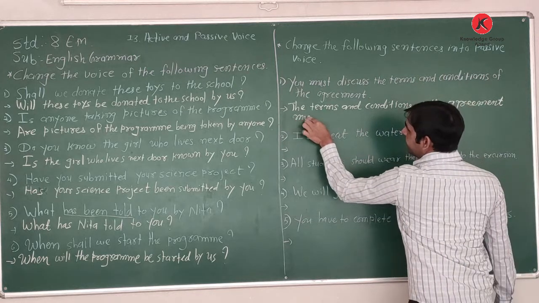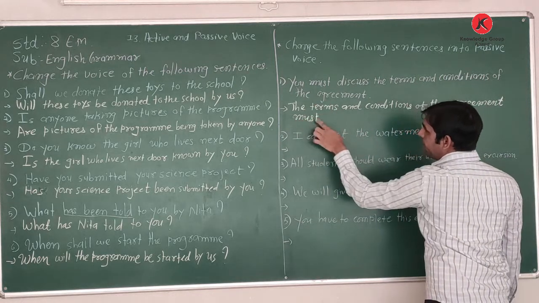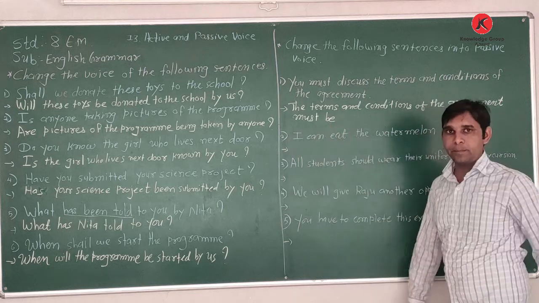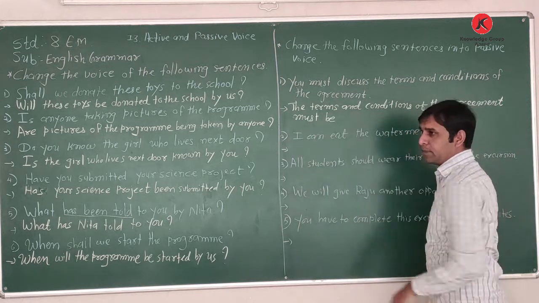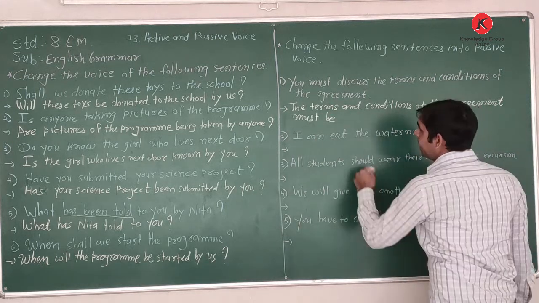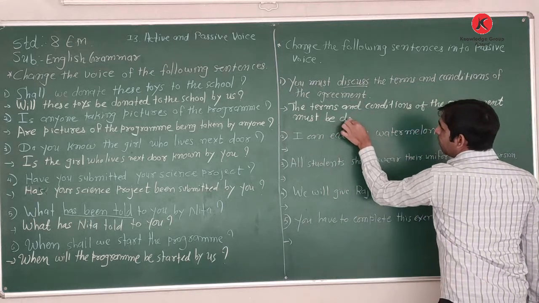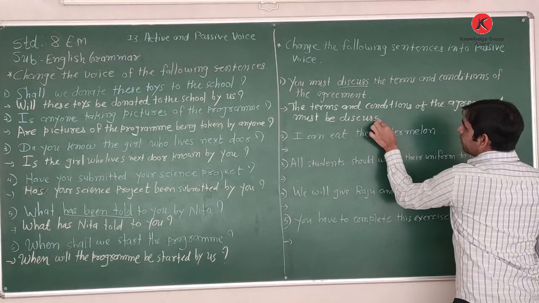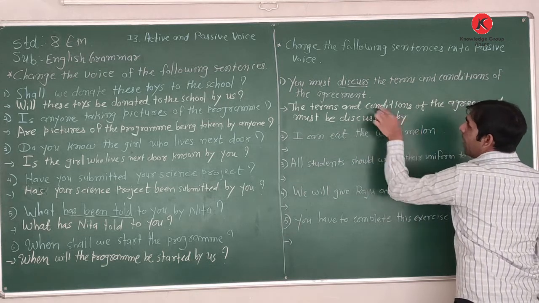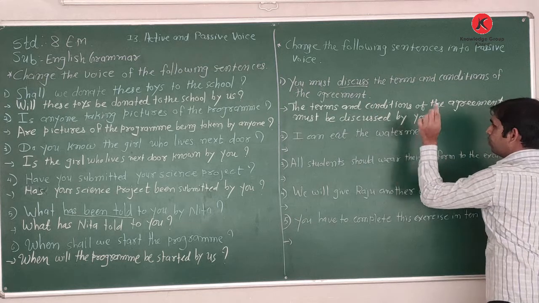Then we write the modal must, same. After the modal we use be. In all the modals we use be. Then you change active into passive. Must be. Then the past participle of the verb, discussed, then by, and then you write.